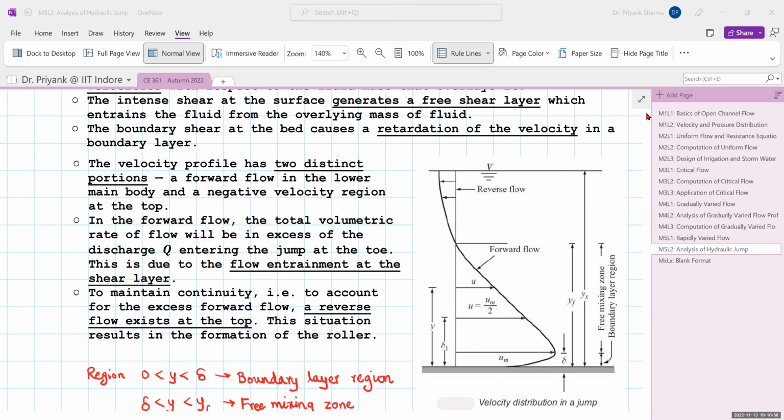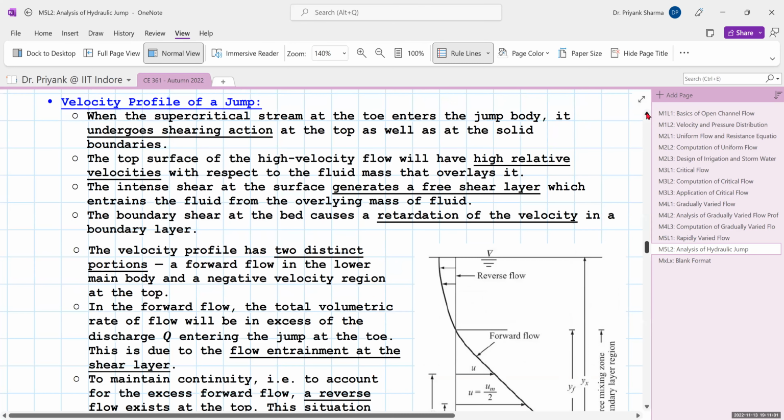The top surface of the high velocity flow will have high relative velocity with respect to the fluid mass that overlays it. Now the boundary shear will cause the retardation of velocity in a boundary layer. So there are two different portions: a forward flow, and a negative velocity region at the top which is called the reverse flow.